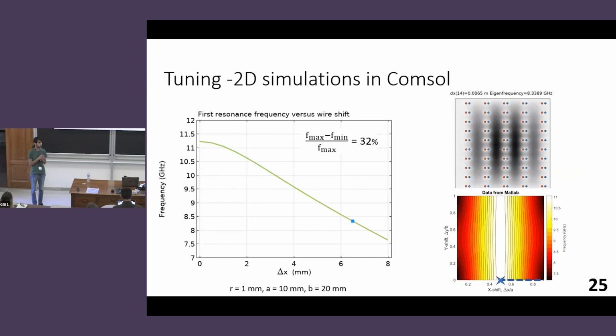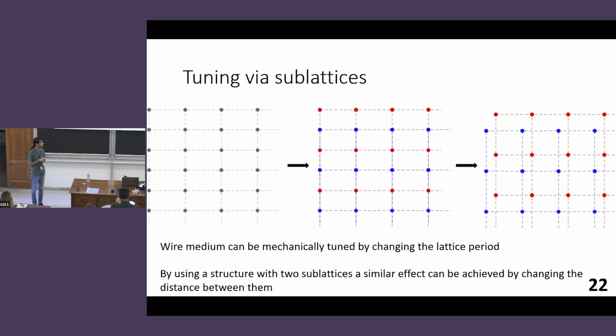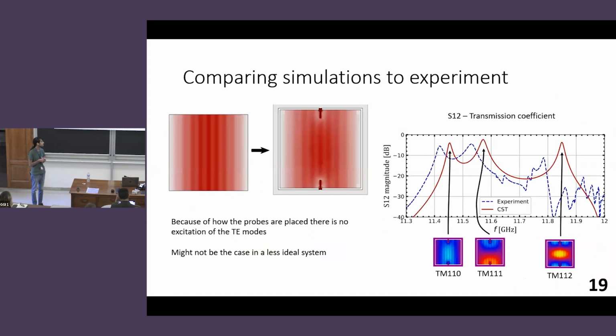Something that I didn't cover here, because it's still a work in progress, is the assumption of limiting ourselves to TM modes only. It works only if we have a structure that's completely homogeneous in the Z direction.